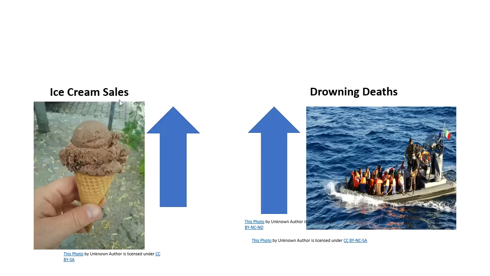This is a great example: ice cream sales and drowning deaths, right? When ice cream sales increase, drowning deaths increase. When ice cream sales go down, drowning deaths go down. So does that mean when I take my wife's ice cream and I decide I'm going to eat this whole pint of my wife's Denali Moose Tracks, that I'm going to all of a sudden have an increased risk of drowning in a lake?